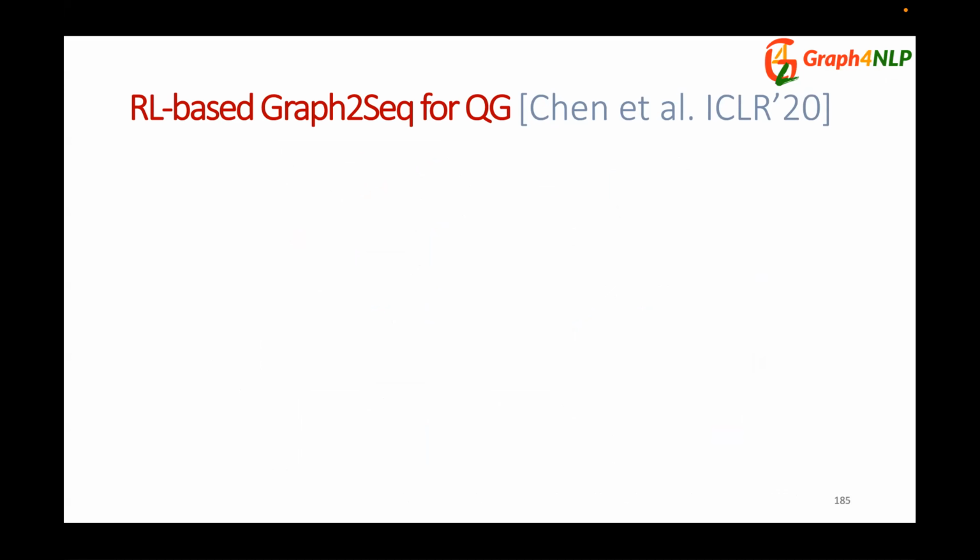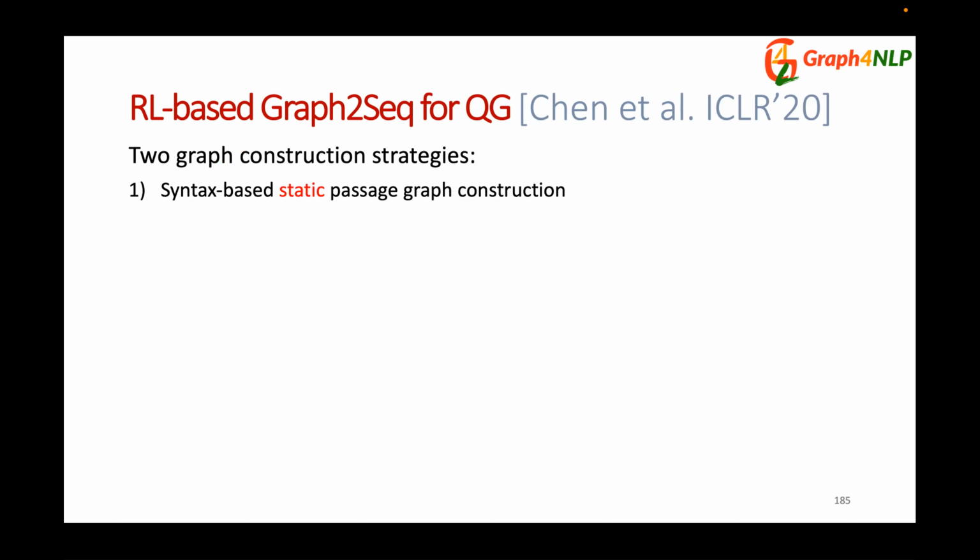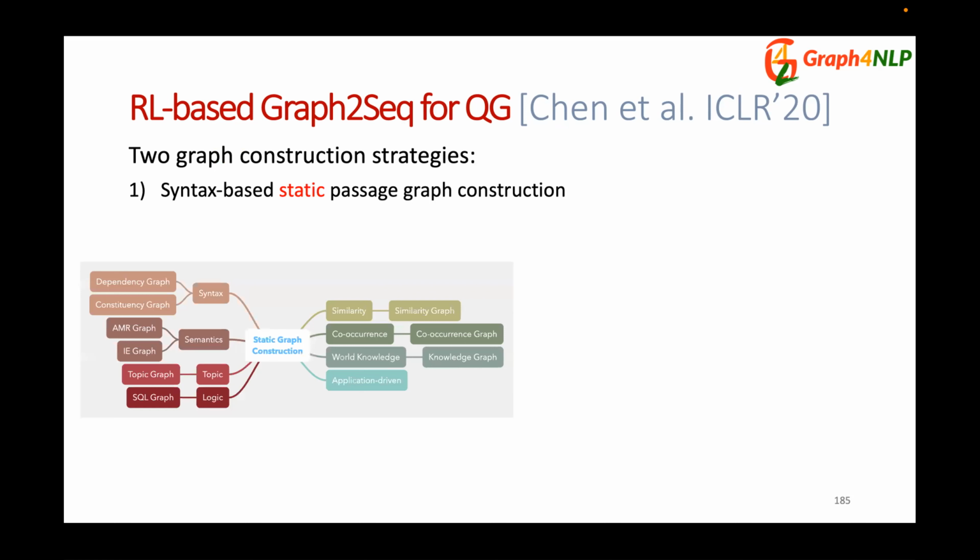For the graph construction part, the authors explored two different strategies: static graph construction and dynamic graph construction. For the static approach, they built a syntax-based static graph where a dependency graph was constructed.